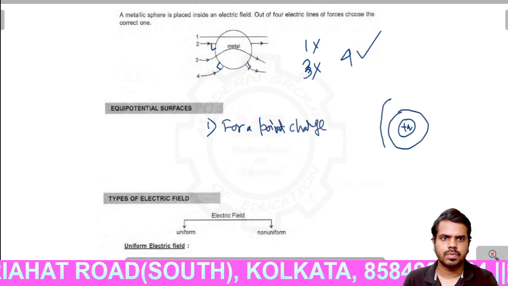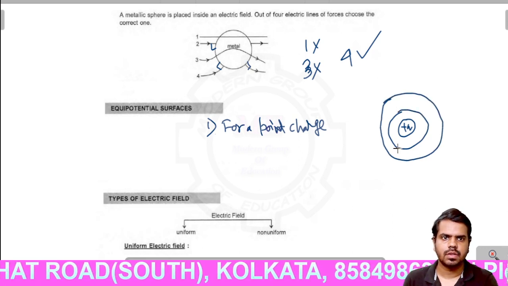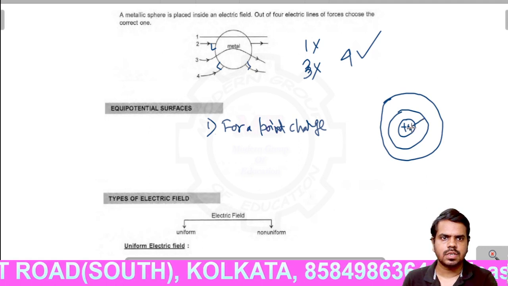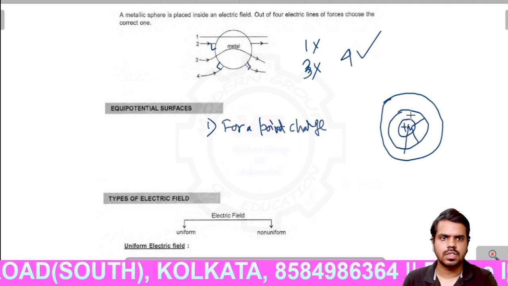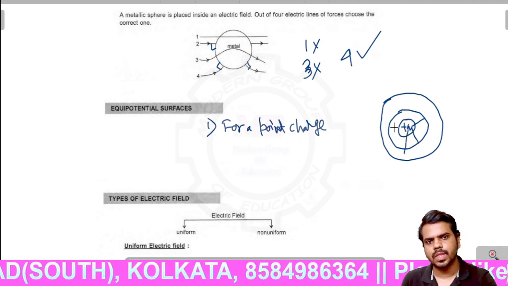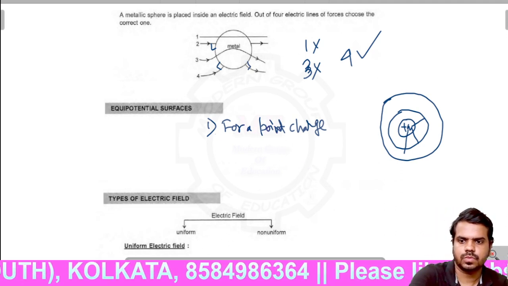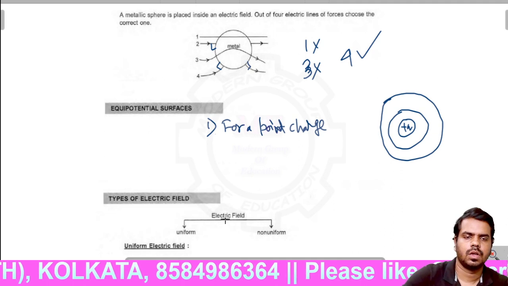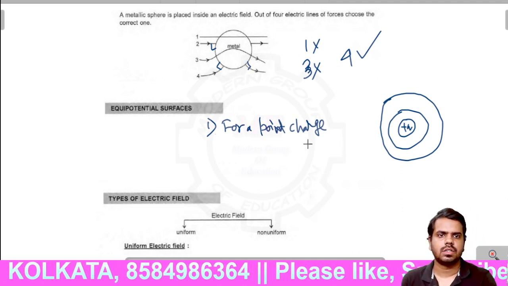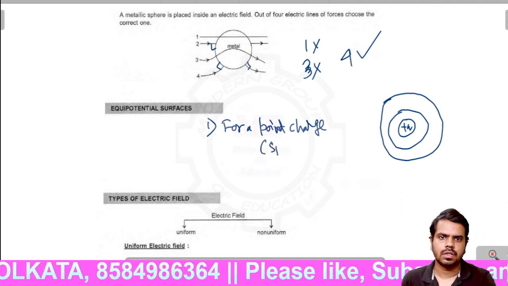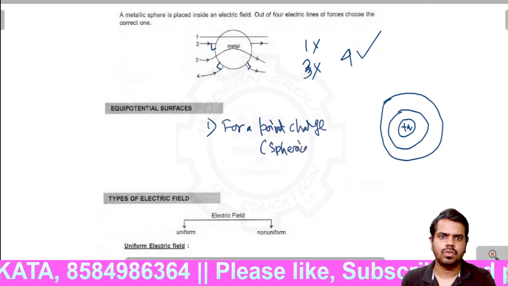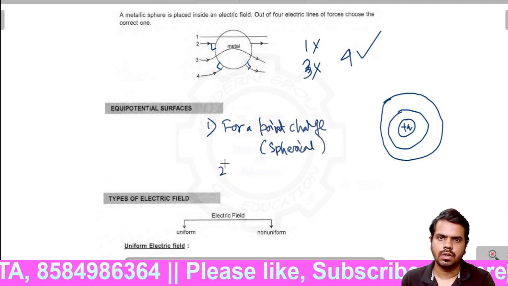Spherical equipotential surface, because all the distances are the same from this charge. So for a point charge, this is the spherical equipotential surface.